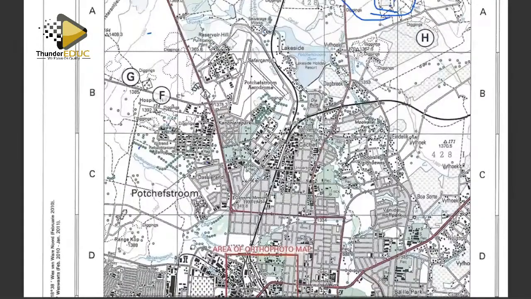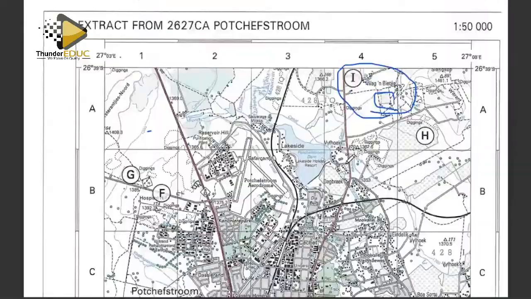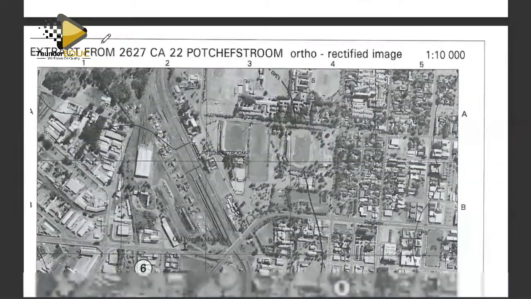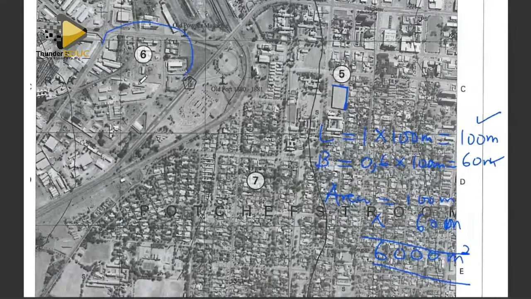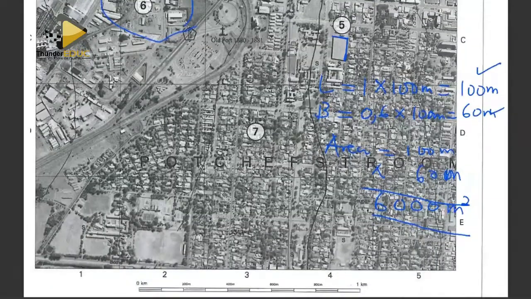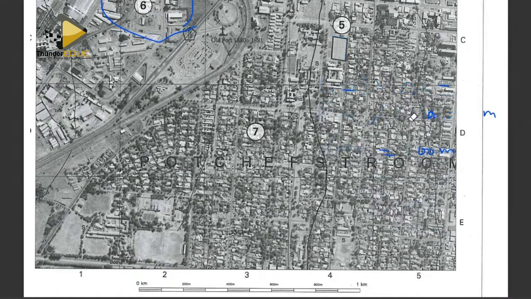Area 6 on the orthophoto map is here, and area 7 is also around here. Right, so we are identifying our areas, area 6 and area 7. Area 7 is here.